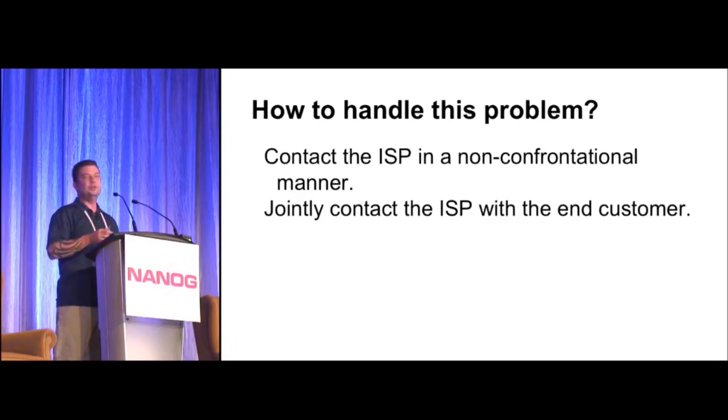So you're basically asking for a favor and help, engineer to engineer, to resolve an issue. The best way to do that is to approach it professionally. Talk engineer to engineer, and you'd be surprised at how many ISPs are willing to work with you and figure out the problem, even though you're not a paying customer, right?